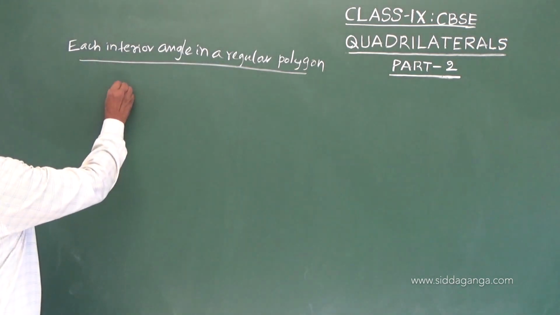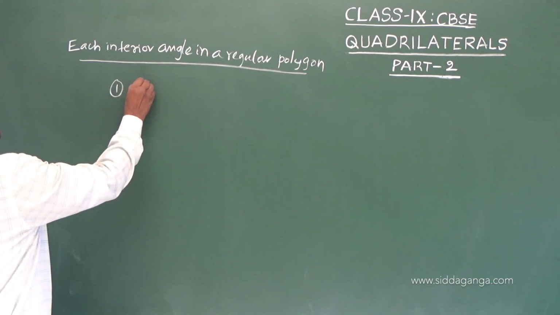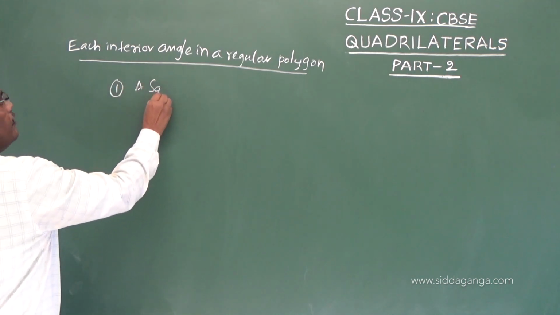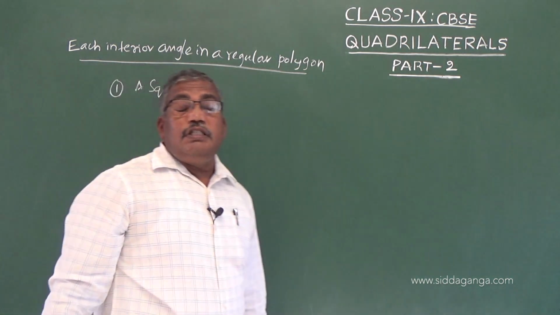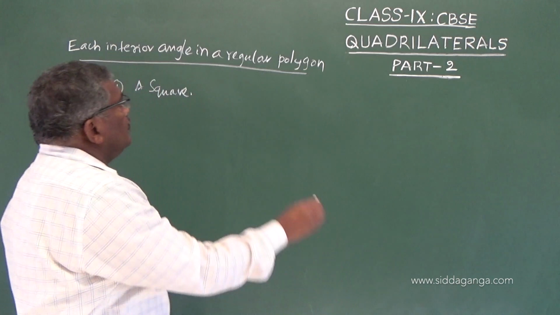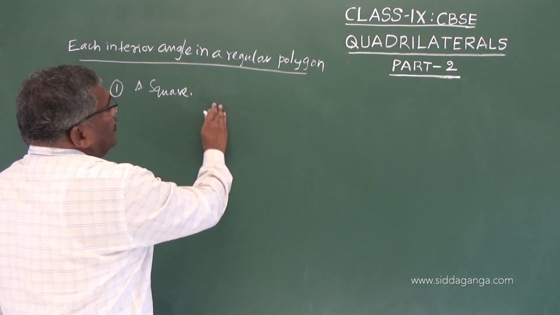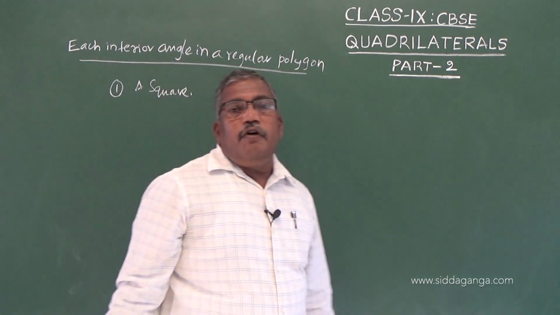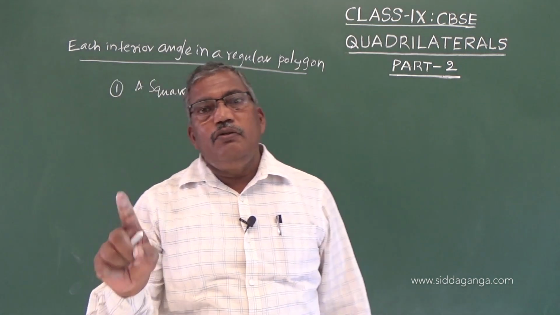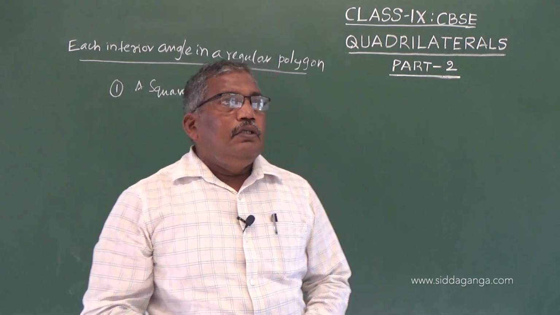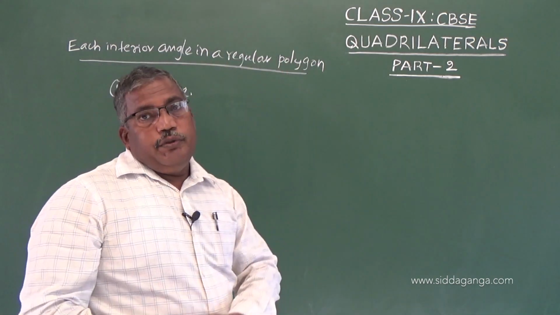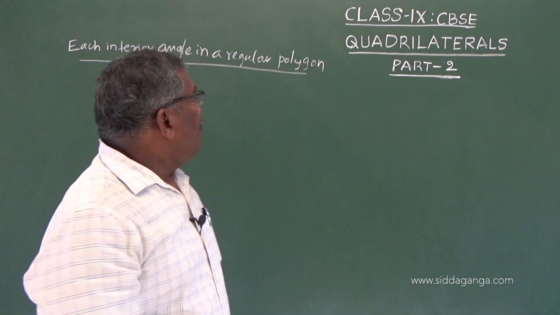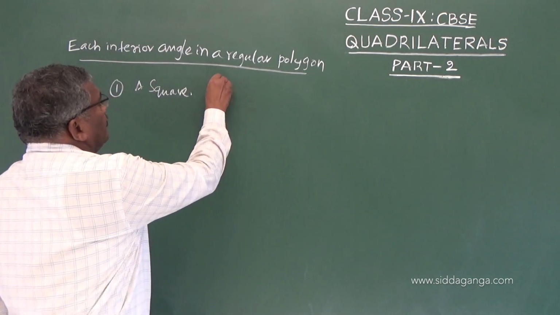Suppose I will take up first one, a square. So for a square, what is the total interior angle? The general formula is n minus 2 into 180 degree. So therefore, we have to divide by 4 because in a square all angles are equal.